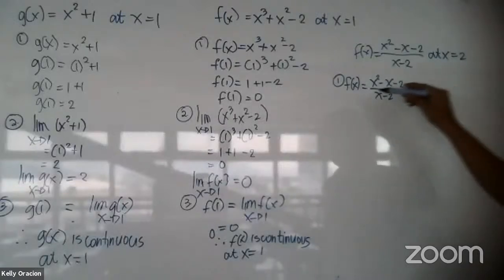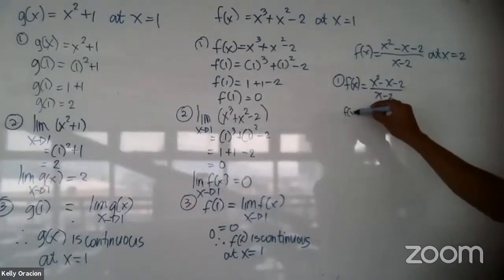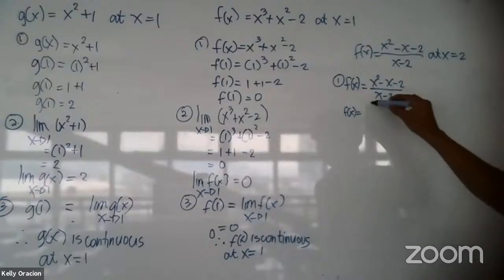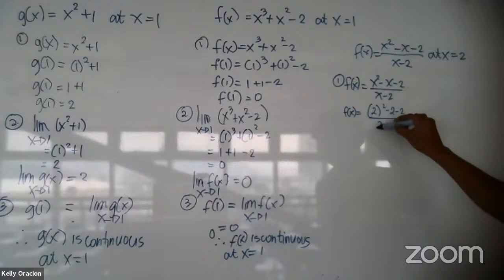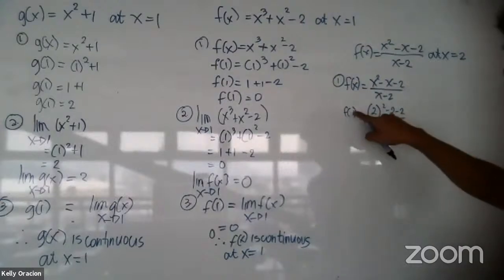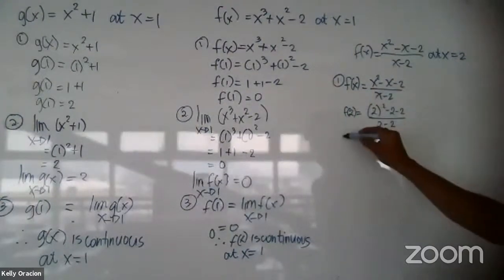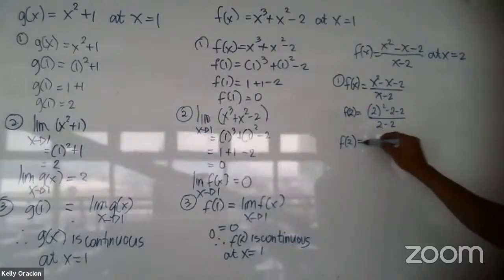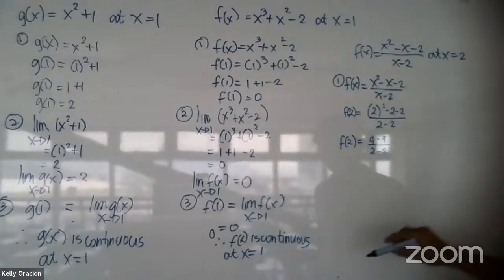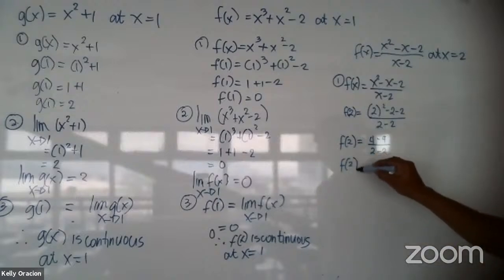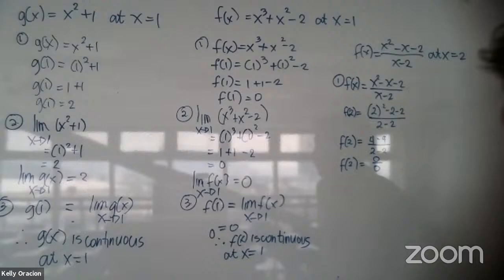So let's substitute. f of x is equal to 2 squared minus 2 minus 2 over 2 minus 2. So your f of 2, we have 4 minus 4 over 2 minus 2. So your f of 2, we have 0 over 0.